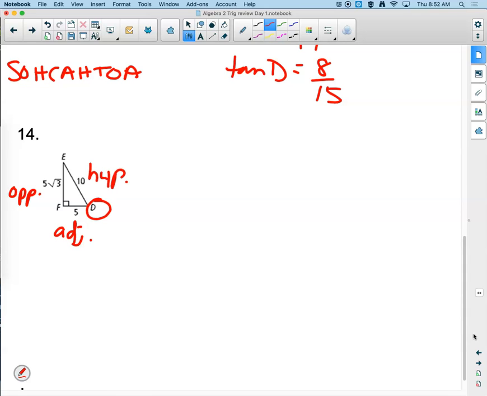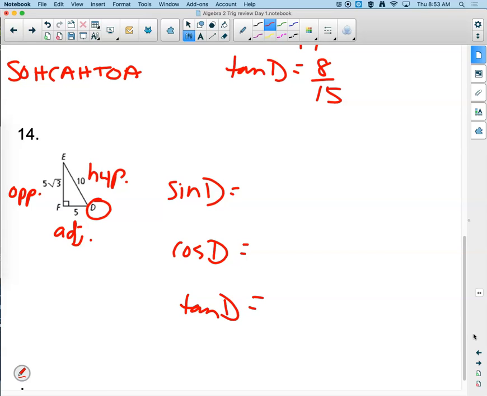So once again, I want everybody to do sine of D, cosine of D, and tangent of D. And then I'll call on some people. Anybody need more time to get those down?